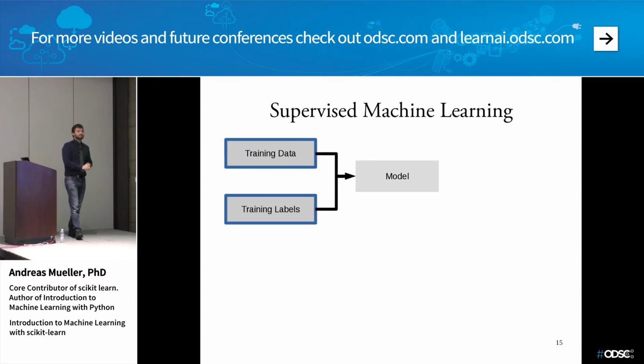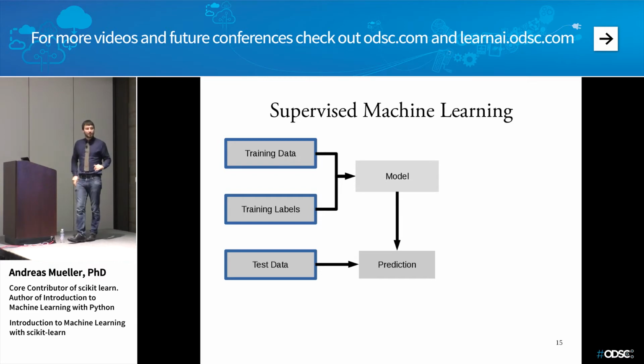So next what we want to do is some supervised machine learning. As I said, we start out, we have some training data and some training labels. We use these to build a model, which is like any machine learning algorithm. I'm going to talk about different kinds of algorithms a little bit later. For now, let's assume we have some model that can learn and can make predictions.